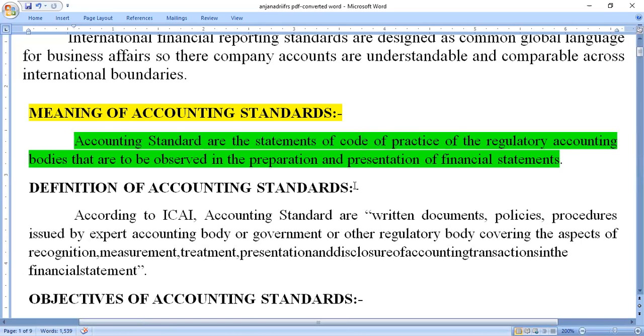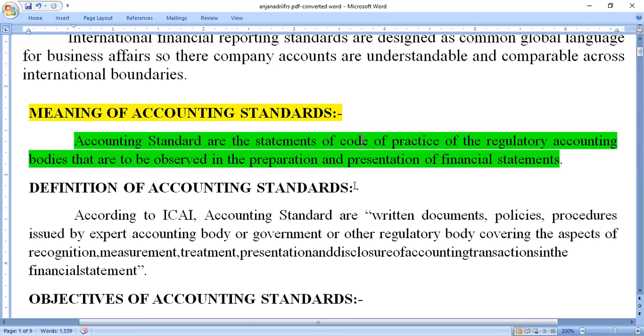This is what we call the meaning of accounting standards. Once again I am repeating, accounting standards is nothing but the written documents, policies, and procedures issued by the expert accounting bodies or the government accounting bodies. Expert accounting bodies is nothing but ICAI.